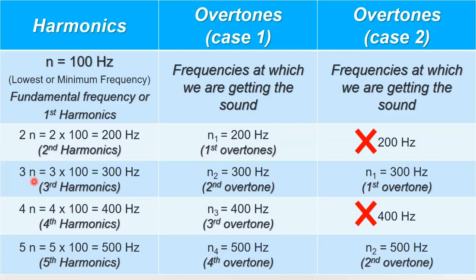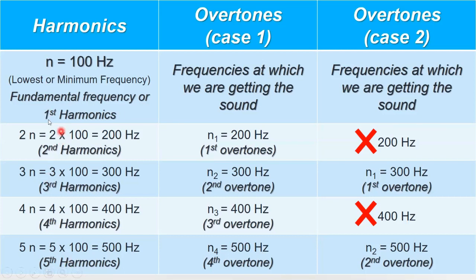If this N is multiplied by 3, that means 3 into 100, it will become 300 Hertz. So it is called the third harmonic. If this N is multiplied by 4, then we will call it the fourth harmonic. And if this N is multiplied by 5, then it is called the fifth harmonic.